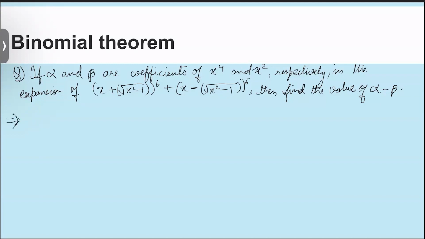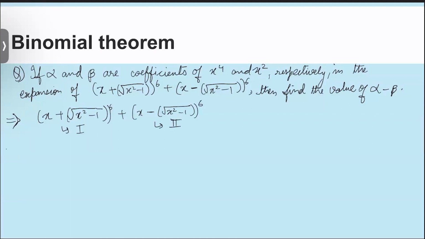Okay, so the expression that we have got is x plus root of x squared minus 1 the whole raised to 6 plus x minus root of x squared minus 1 the whole raised to 6. Okay, so let this be your first term and this be your second term.